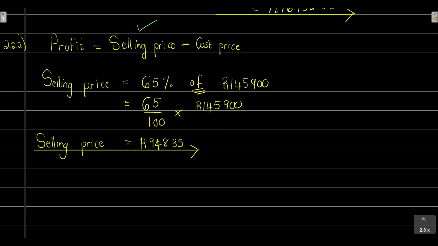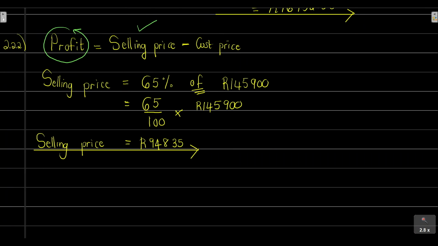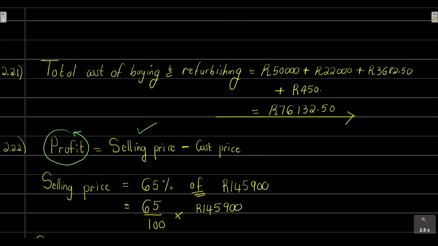So what's missing for us to determine the profit? All we need is the cost price. How much does it cost him to make these refurbished Renault Kwids? Guys, we've already calculated this value in the previous question. We calculated the total cost of buying and refurbishing this Renault Kwid, how much it costs him.